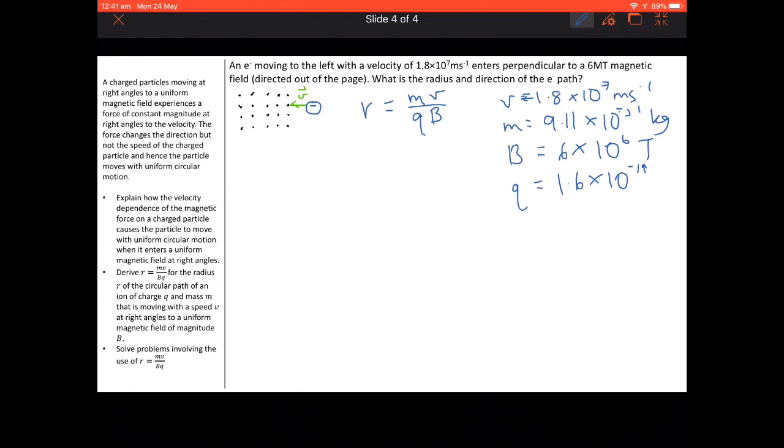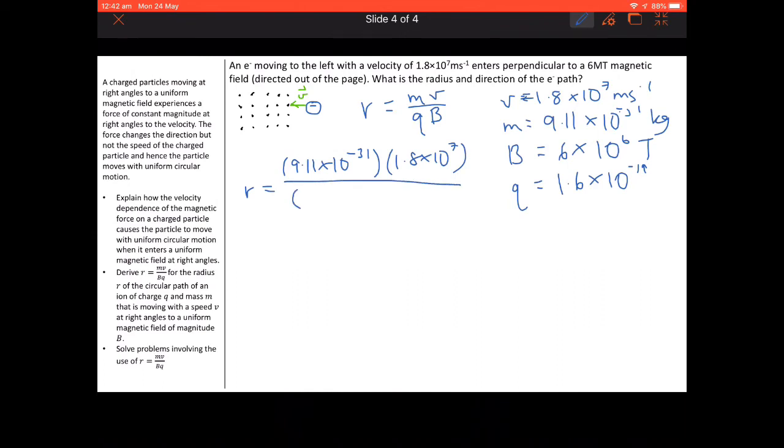So the radius will be equal to, I wonder if I'll be able to fit this in. I probably won't, so I'm going to start again a bit lower down. So to the left, the radius is going to be equal to the mass, which is 9.11 by 10 to the negative 31, multiplied by 1.8 by 10 to the 7, which is the velocity of the electron.